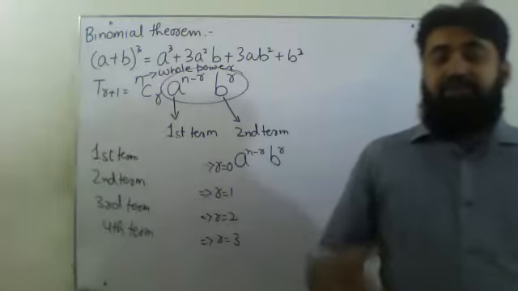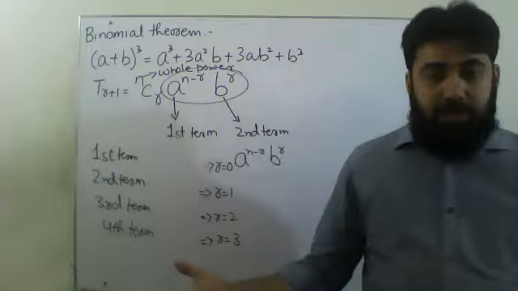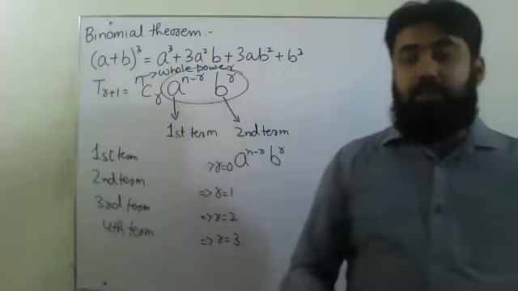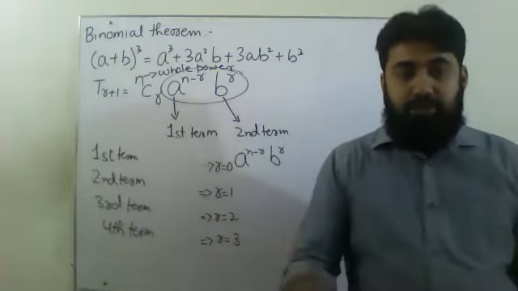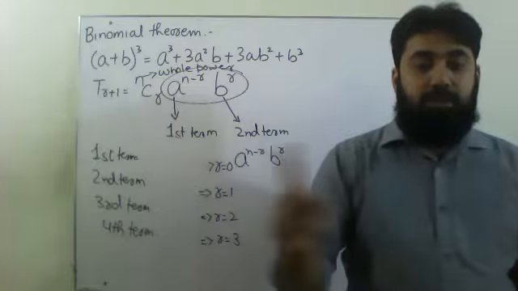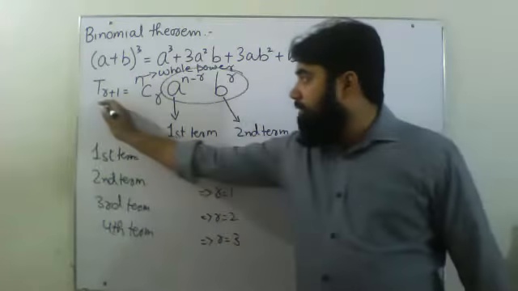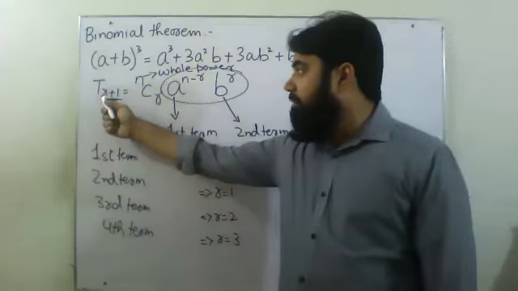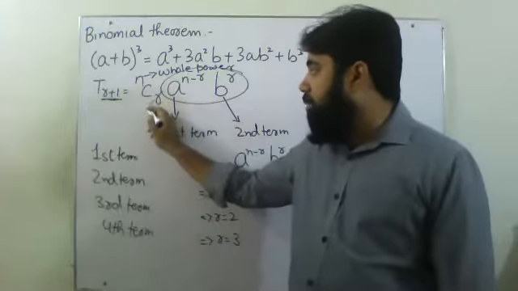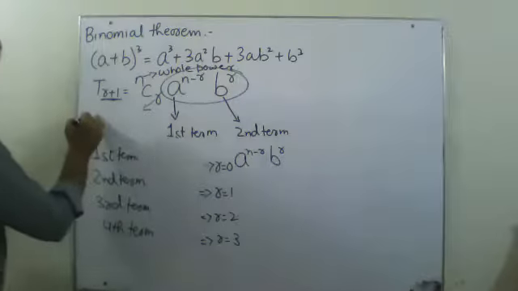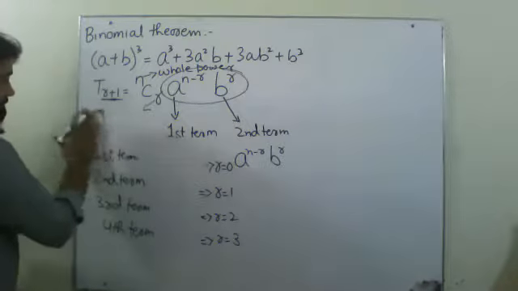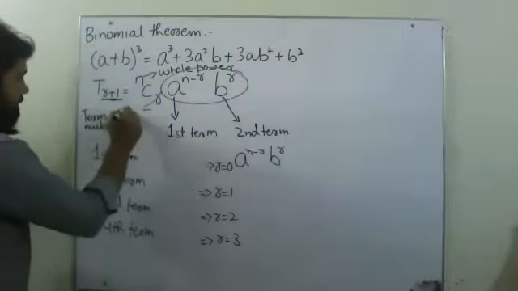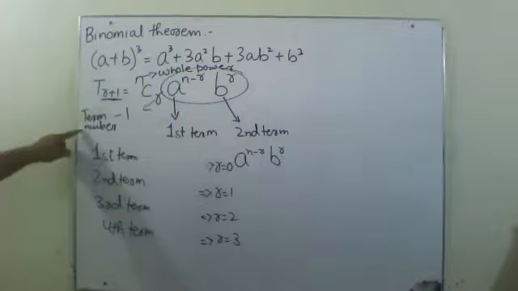In the same way, if the value of r is 8, what will be the term number? You will say 8 plus 1, the term number will be 9. If r equals 17, the term number will be r plus 1, which is 18. So for any term, it will always be r plus 1, where r is the term number minus 1.